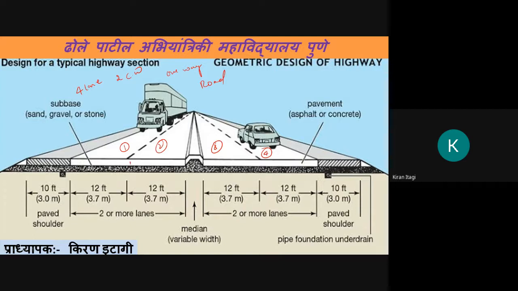How many carriages are there? 1, 2 carriages are there, and one way. Why one way? The vehicles are moving in only one direction. If another vehicle is coming in this direction, we will call it a two way. But all the vehicles are moving in this direction, and in the other carriageway the vehicles move in this direction. No vehicles come in the opposite direction. So this is one way.